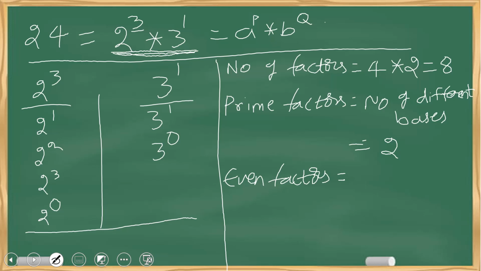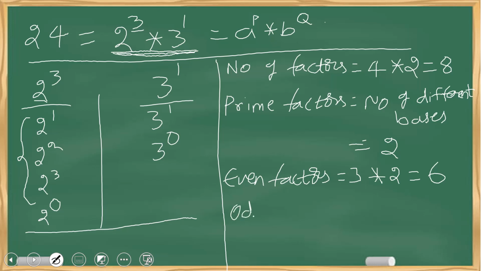Now, coming to even factors, in 2 cube, how many factors are even? These are even factors, but 2 power 0 is not an even number. So we consider only 3 factors in combination with 2 factors of 3 power 1. So totally 6 factors. Understand the concept here?